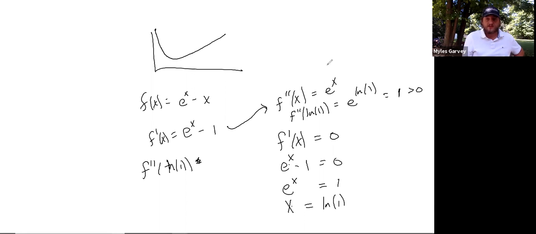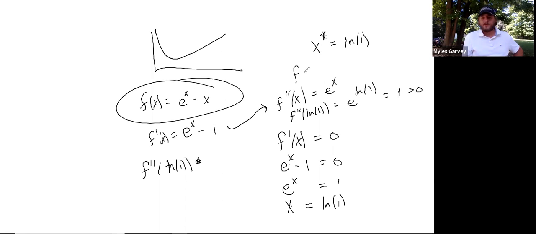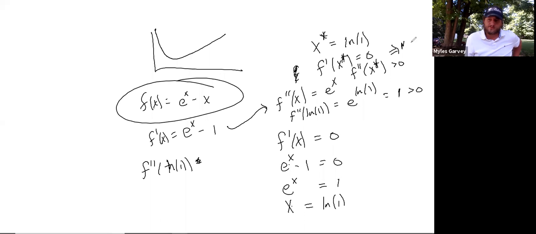What this tells us is that the optimal decision is x equals the natural log of 1, and we know that our scoring metric, as determined by this function, is going to be at a minimum, because the first derivative here is equal to 0, and we showed that the second derivative at that point is bigger than 0, and therefore, according to our rules, that's a minimum.